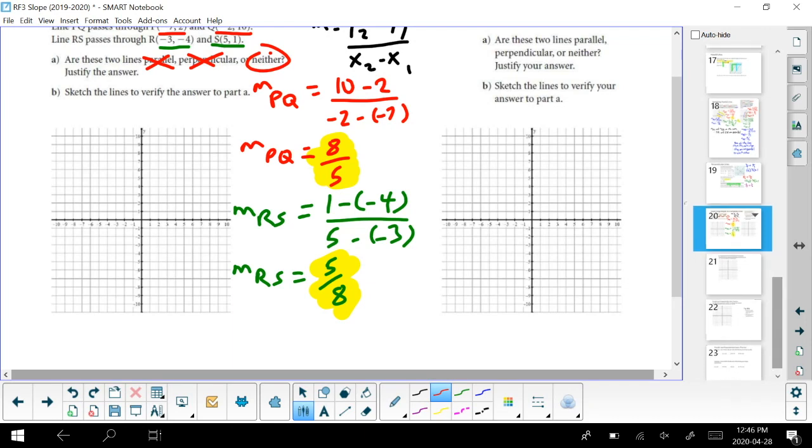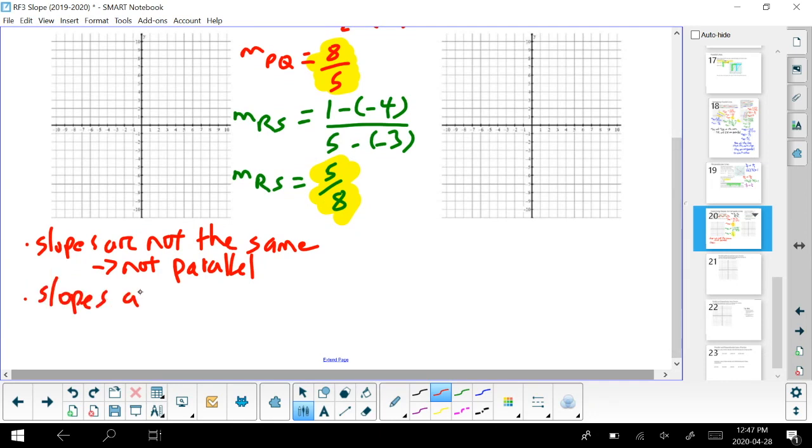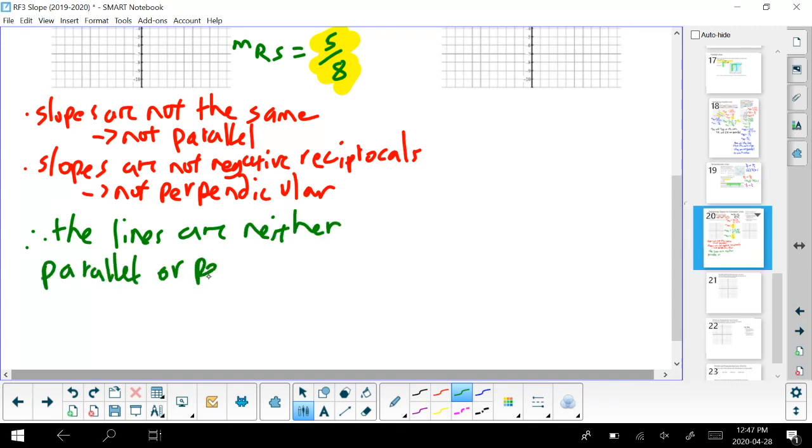So in order to justify our answer, we can say that the slopes are not the same, so they're not parallel, and their slopes are not negative reciprocals, so they're not perpendicular. Therefore, the lines are neither parallel nor perpendicular.